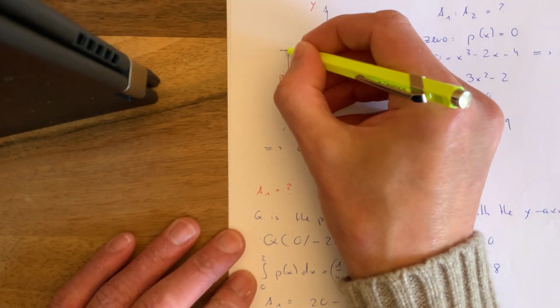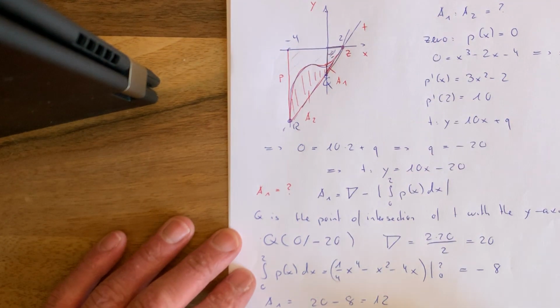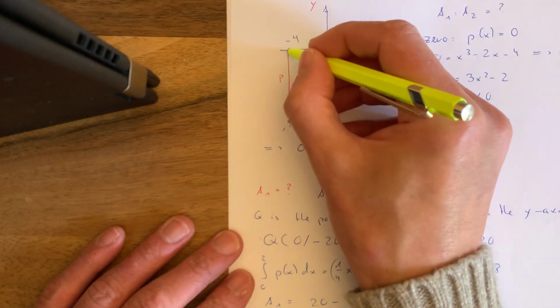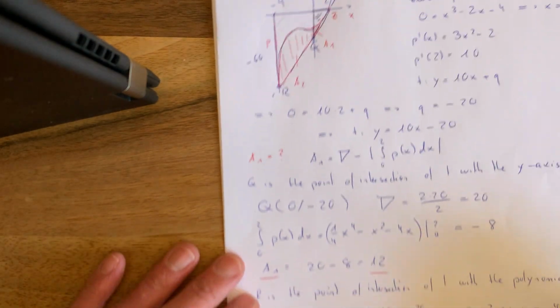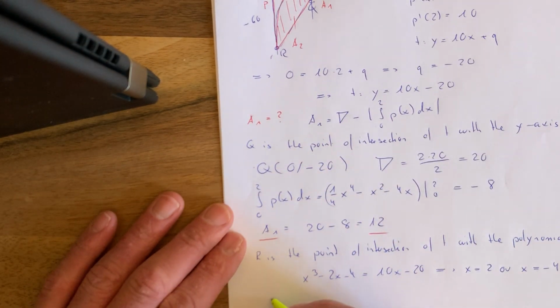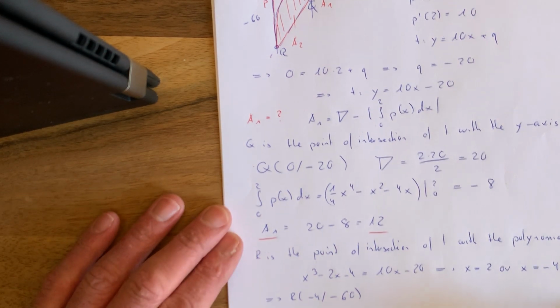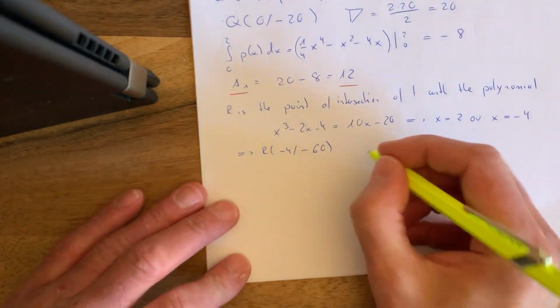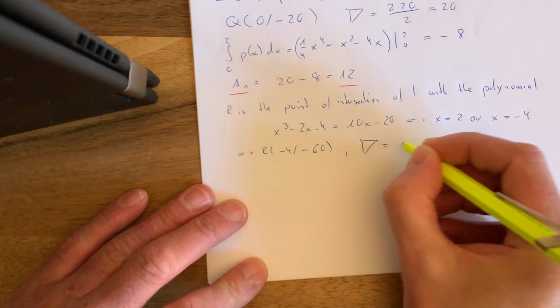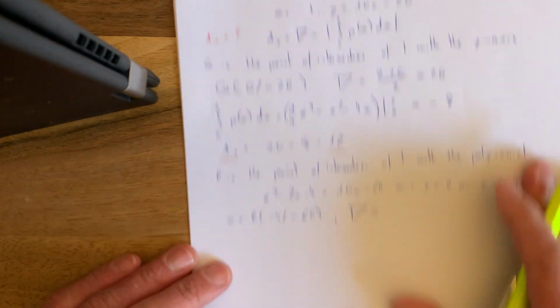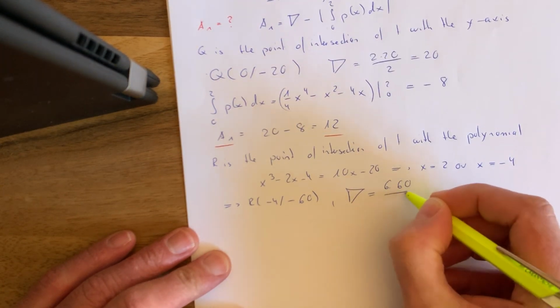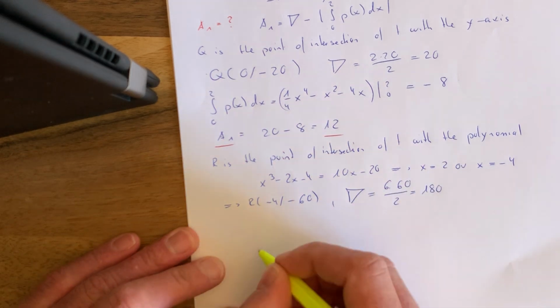Okay, so we know now here it is minus 4, and this means just by plugging minus 4 into the tangent equation that this whole thing here is minus 60. So in fact R has coordinates minus 4, minus 60. And this basically is everything, because now the big triangle is given by, well, look at it, 6 times 60 divided by 2, which is 180.